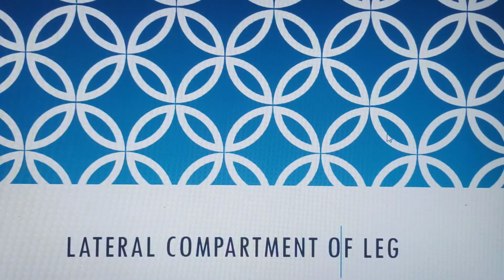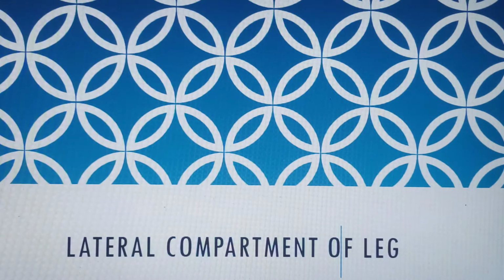All right, so we actually want to look at muscles in the lateral compartment of the leg region. We've seen muscles in the anterior compartment of the leg, and we said that there are 4, or some people could have 3. In about 10 to 20% of cases it could be 3, because peroneus tertius may be absent.